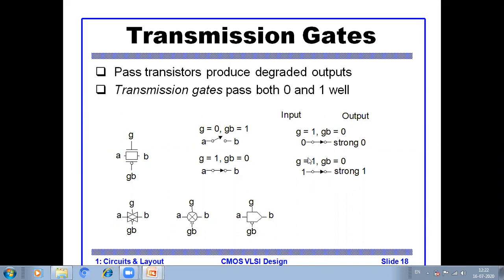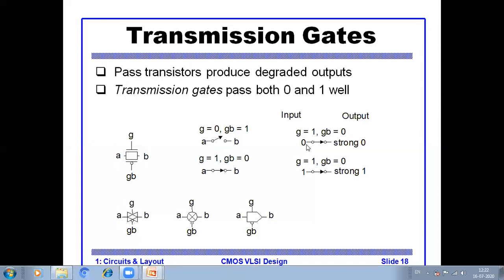So these are the limitations with the pass transistors, as in the case of the NMOS and PMOS. The NMOS supports a strong 0, and the PMOS supports a strong 1. But if the input is 1 in the NMOS, it gives a degraded 1, but with the transmission gate that problem is resolved.